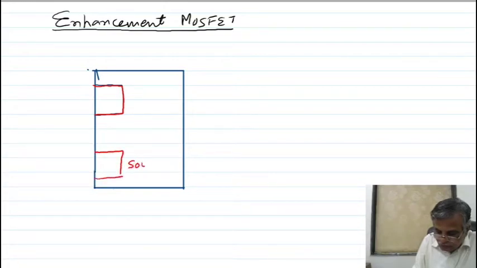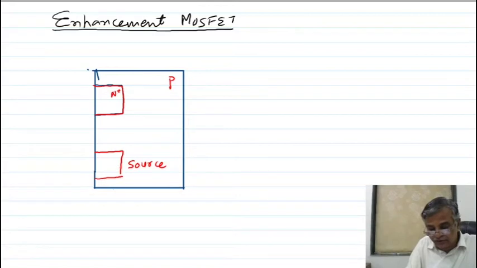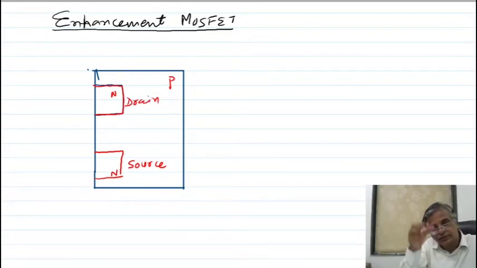This is the source. This is your bulb. This is your N plus, or sometimes they add N also, not necessary. What is the difference? N plus means heavily doped. There is no channel existing between source and drain in an enhancement MOSFET.